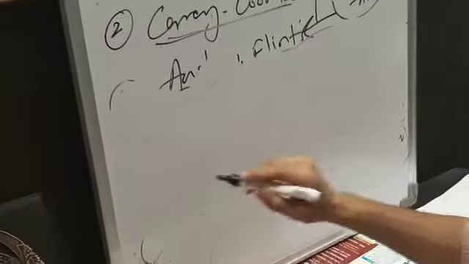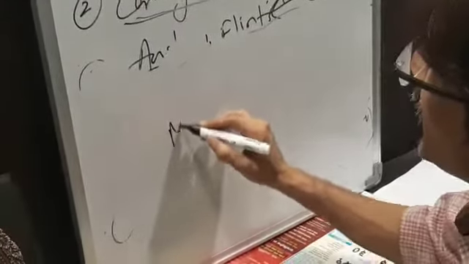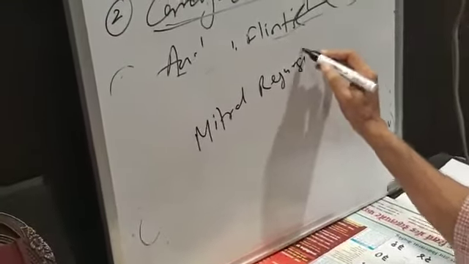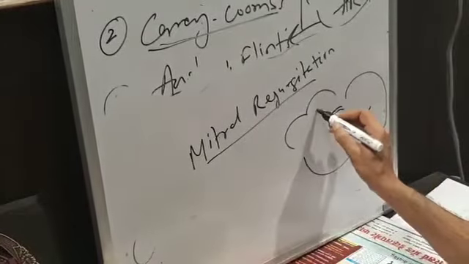Next you can have a mid-diastolic murmur, again functional, in mitral regurgitation. In mitral regurgitation, the regurgitant jet of blood enters the LA.